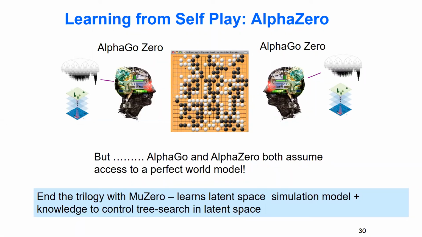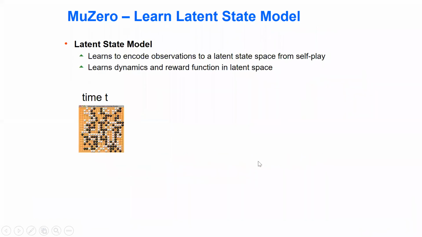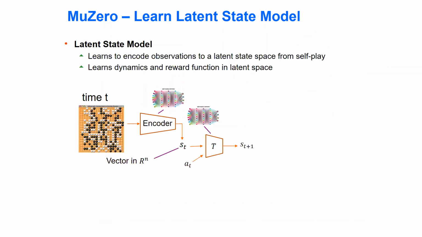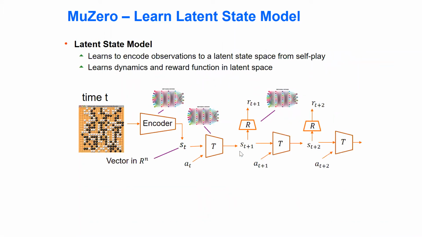And finally, if we end the trilogy with MuZero, AlphaGo and AlphaZero both assumed access to a perfect world model. MuZero is really interesting. I'm not going to go into the details, but it actually learns a latent space model of these games.